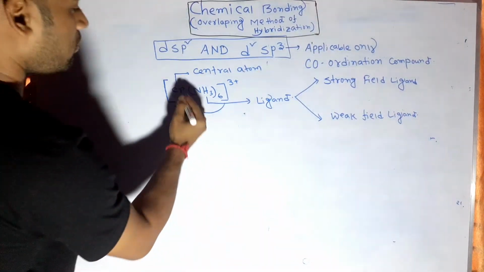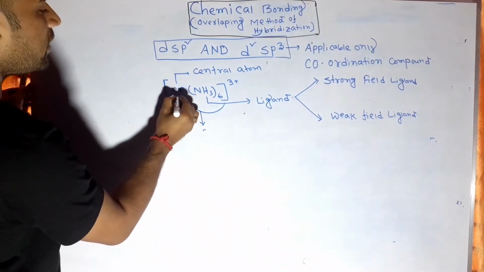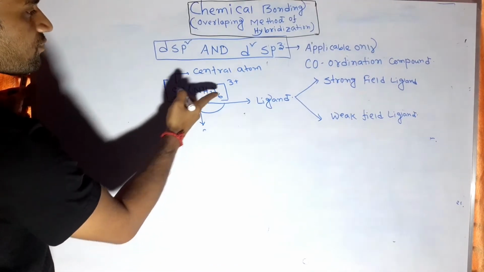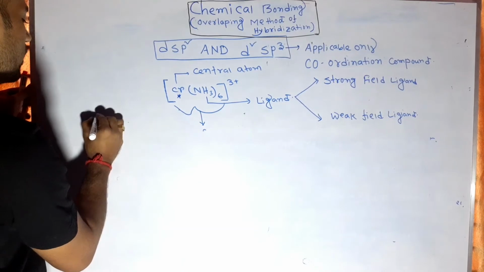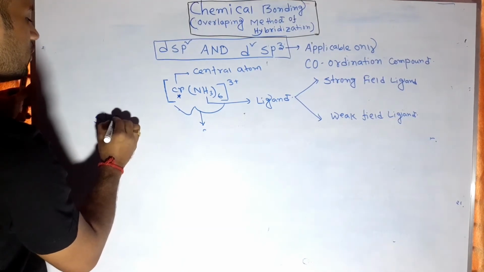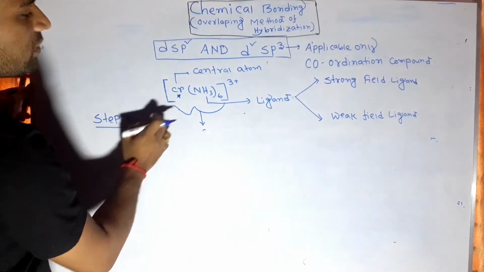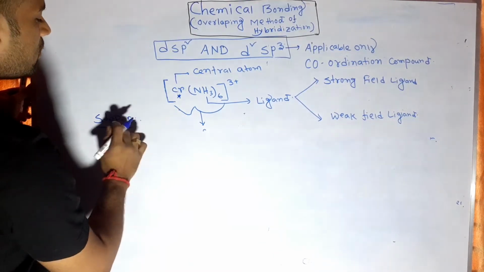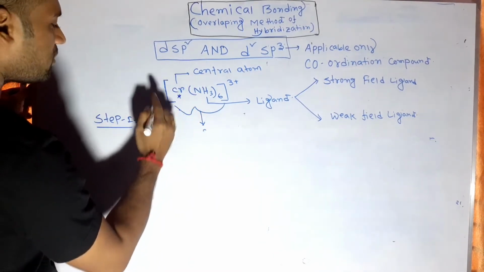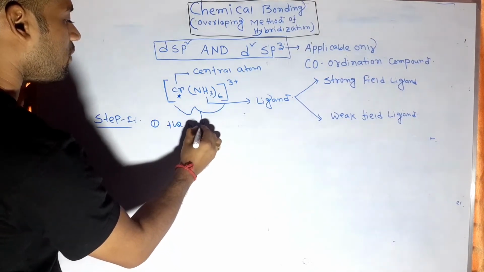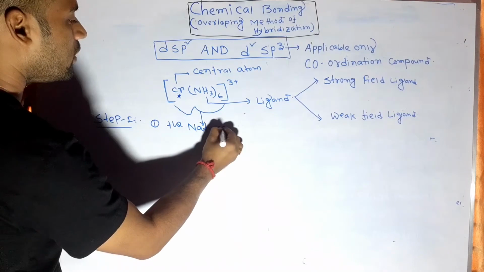This is an example: what is the hybridization of the central atom in this coordination compound? In step 1, we first determine the nature of the ligand.